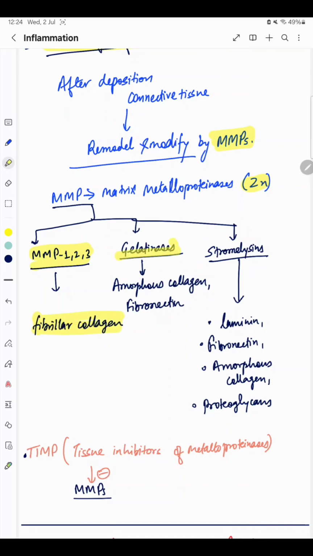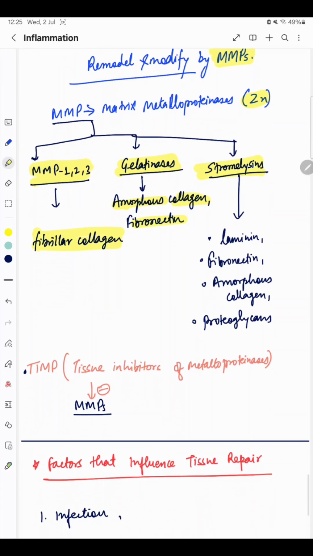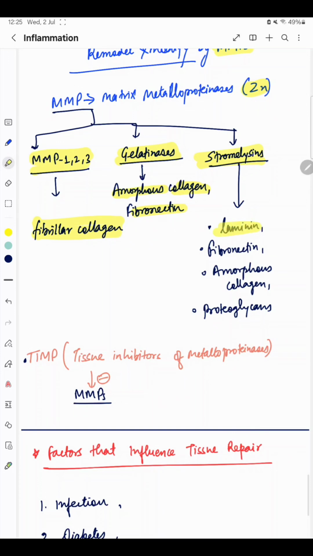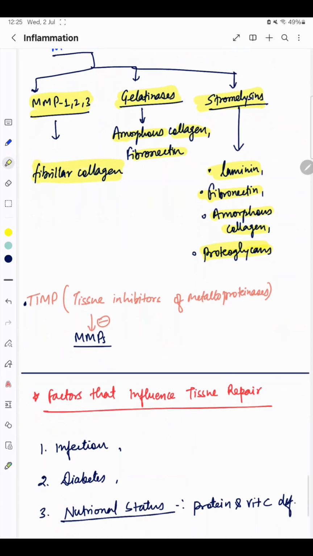Gelatinases are responsible for remodeling of amorphous collagen and fibronectin. And third are stromelysins. They remodel laminin, fibronectin, amorphous collagen and proteoglycans. There are tissue inhibitors of matrix metalloproteinases. They inhibit the functioning of matrix metalloproteinases.